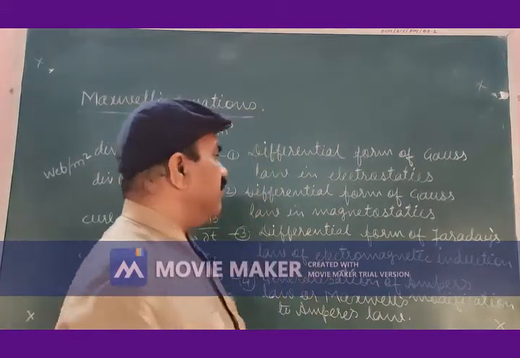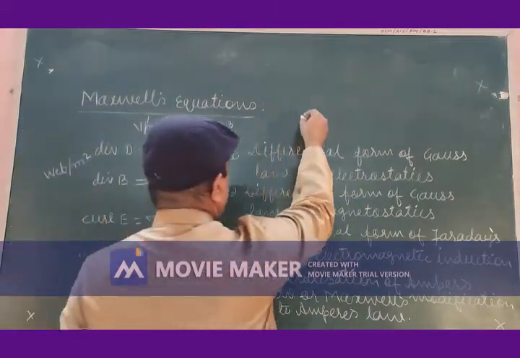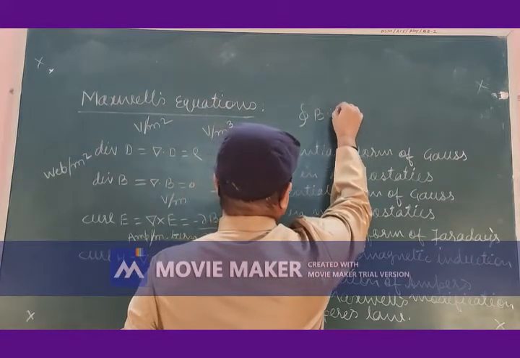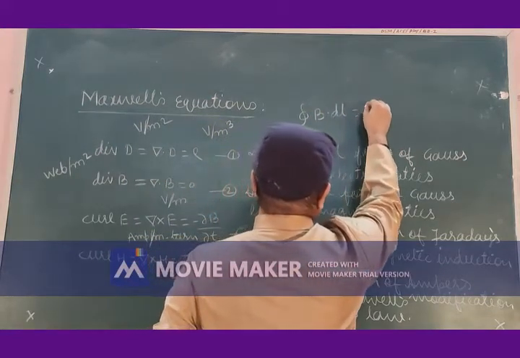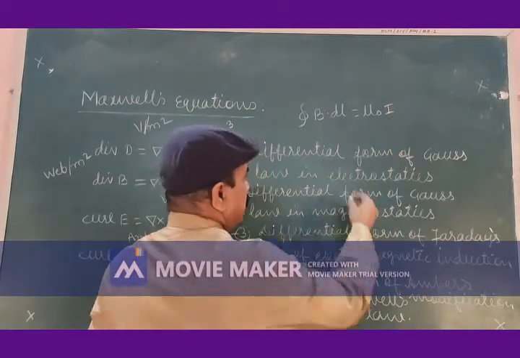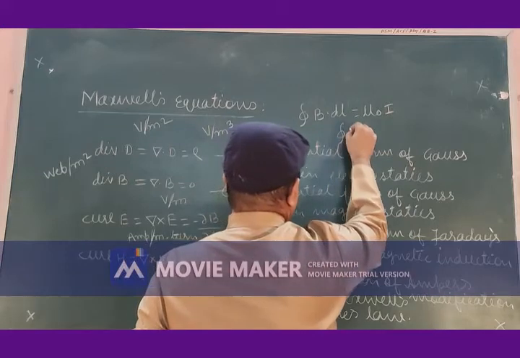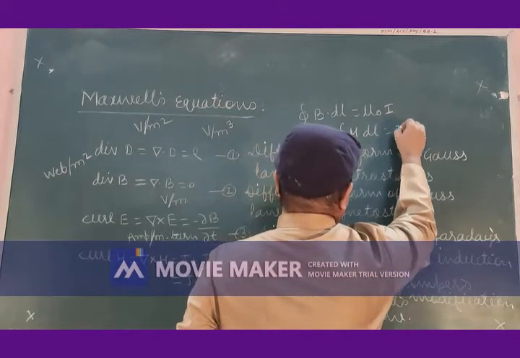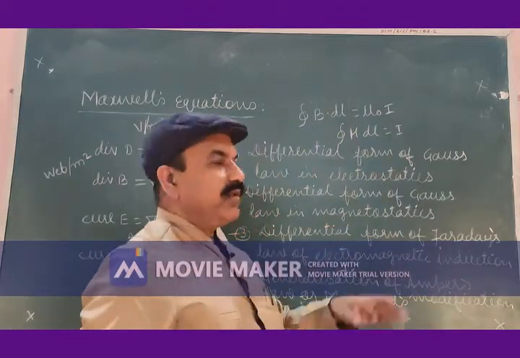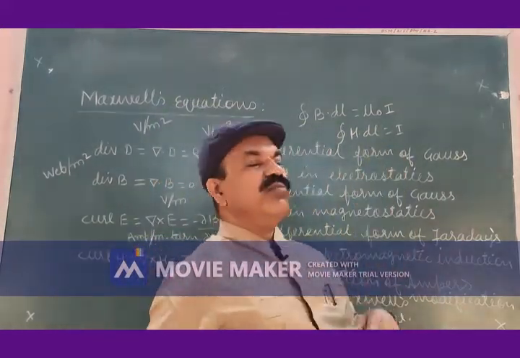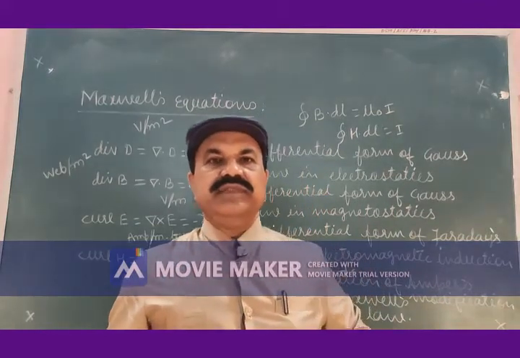What is the original form? This is the original form, or you may have this as the original form also. Both equations are the same. This is the original form of Ampere's law.